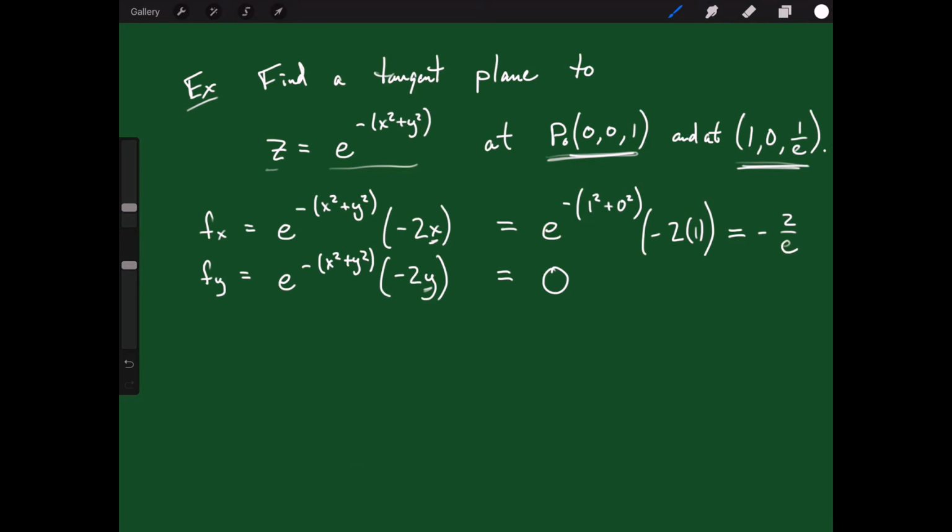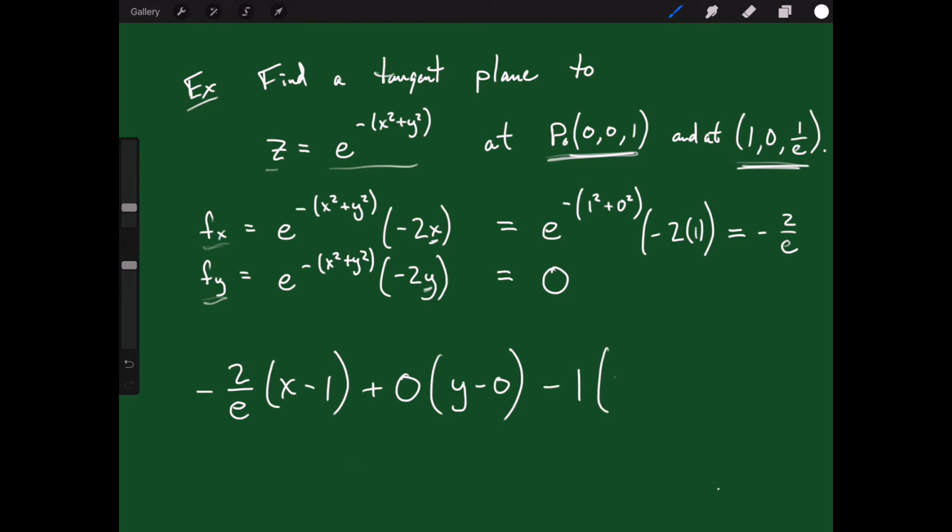All right? So now I've got my partial with respect to x, I've got my partial with respect to y, so I'm ready to fill in the actual tangent plane. So I get the partial with respect to x, evaluated at the point, negative 2 over e, times x minus x0, which is 1, plus f sub y, which is 0, times y minus y0, which is 0, minus 1 times z minus z0, which is 1 over e, is equal to 0.